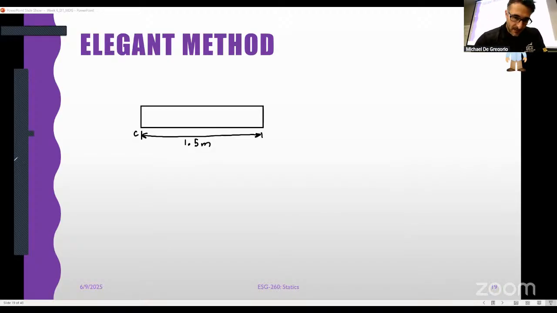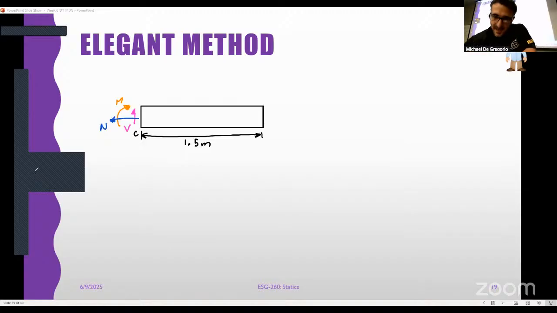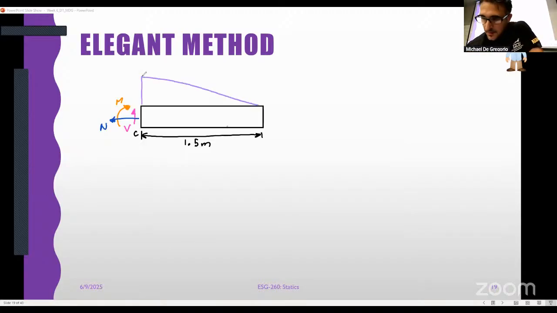At point C, if I cut it there, I'm going to have shear, V, some bending moment going that way, and a normal force. Great. The only force that is acting on here is this distributed load, which is triangular. And we were told that is 1200 Newton per meter.